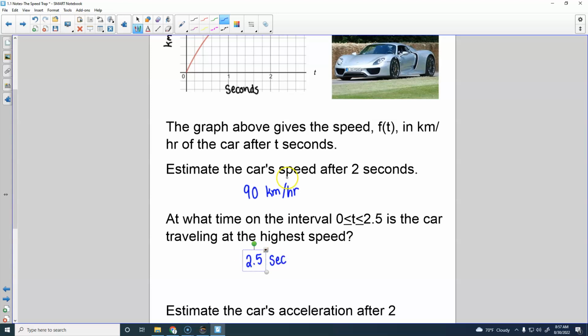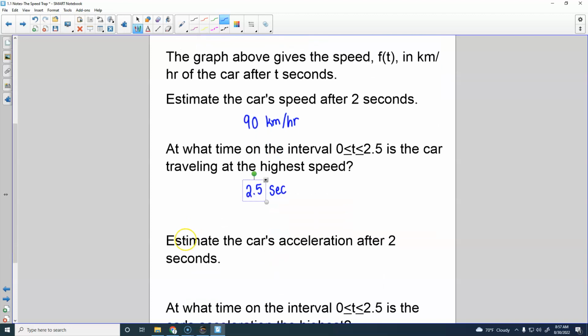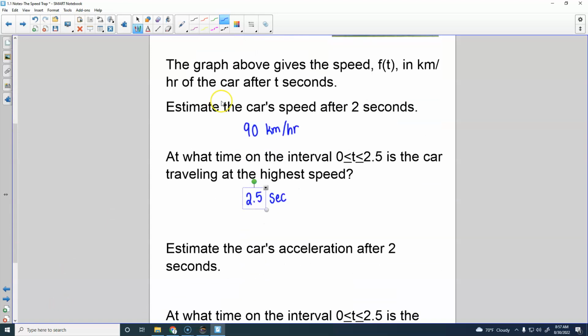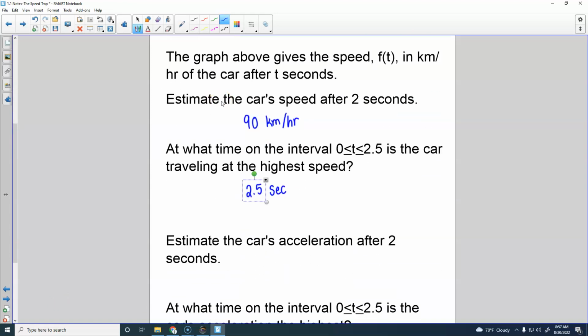So now, this time we want to estimate the car's acceleration after 2 seconds. Now, acceleration is the rate at which our speed is changing. This is going to be a little bit tricky because of units here. Whenever we talk about acceleration, the units that we typically use are something like feet per second, or miles per hour. In this case, we're doing kilometers, so kilometers per hour.